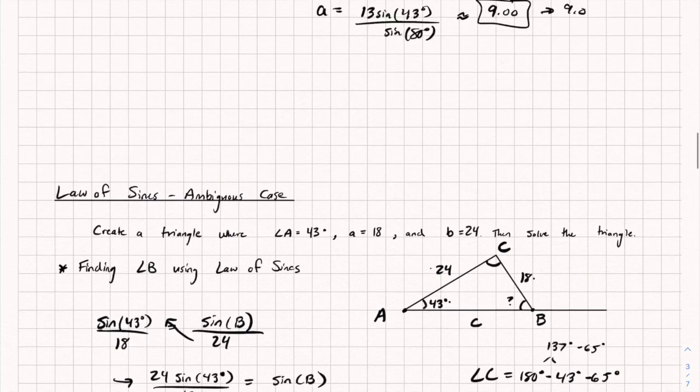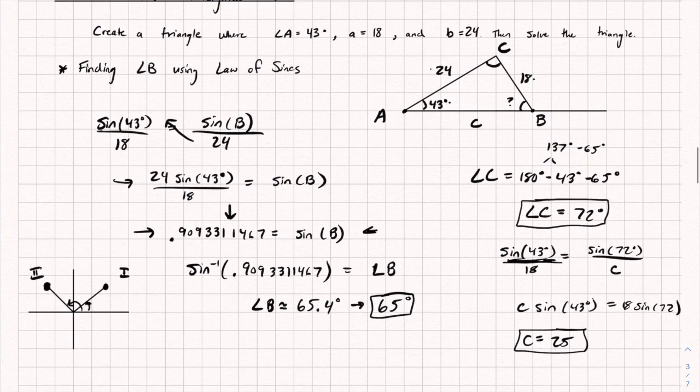So when we do inverse sine in the calculator and we get 65.4 or 65 degrees, we are only finding the first quadrant answer that would solve this original problem. There is a second answer that we have to take into account. Thus, the name ambiguous case. Ambiguous means unknown. Based on the information, we're not sure what exactly we may have.